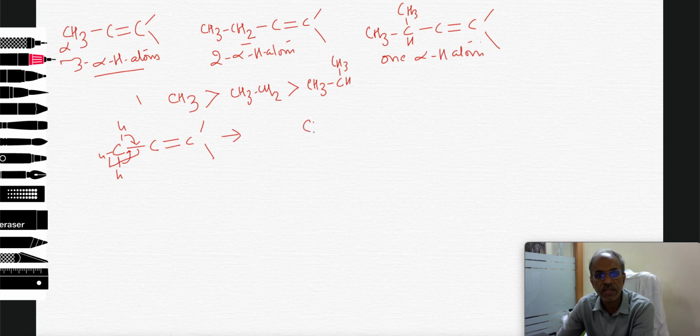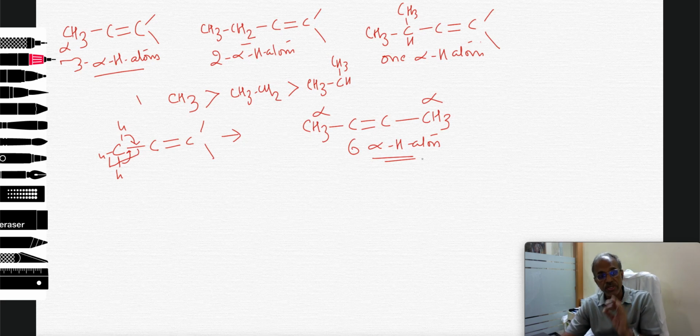Suppose we have C double bond C, and comparatively here it is CH3. That means this has 3 alpha hydrogen atoms, and this has 3 alpha. That means I can say 6 alpha hydrogen atoms. That means there will be 6 conjugate resonating structures.